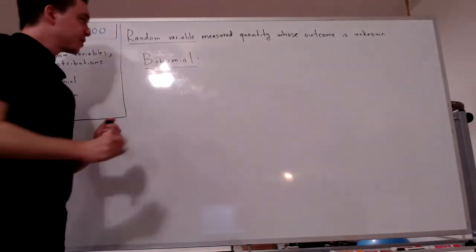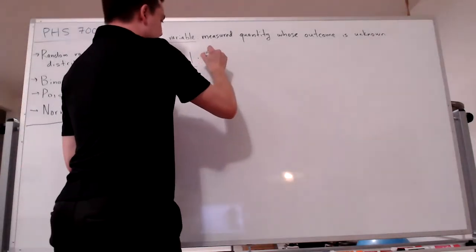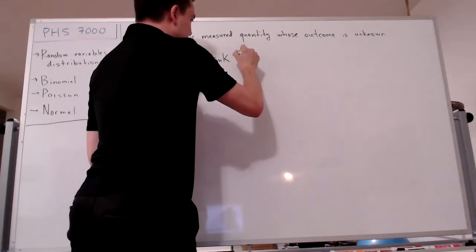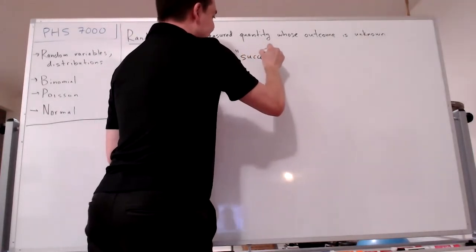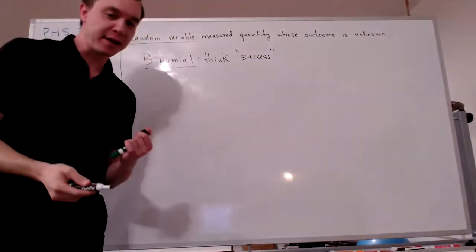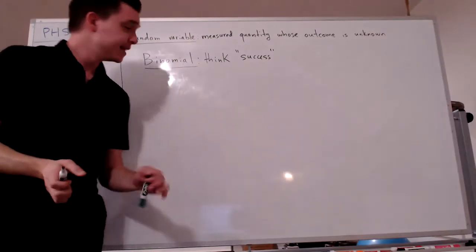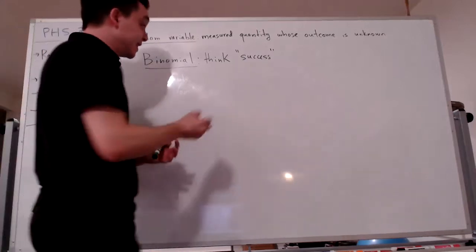For the binomial distribution, I want you to think that you're modeling successes in quotations, because they can very much be failures. For example, death. Unless you are an exterminator, death is very much not a success.